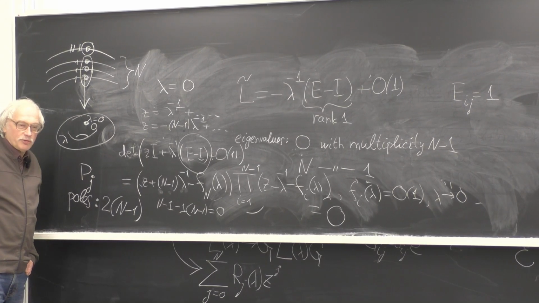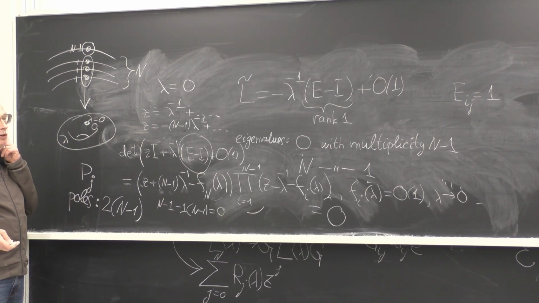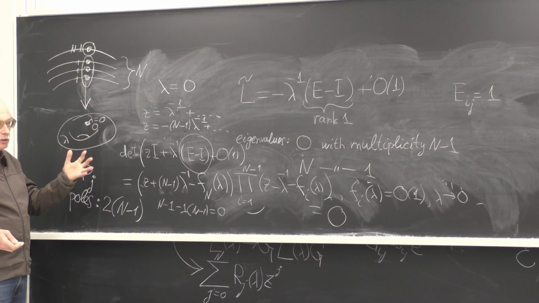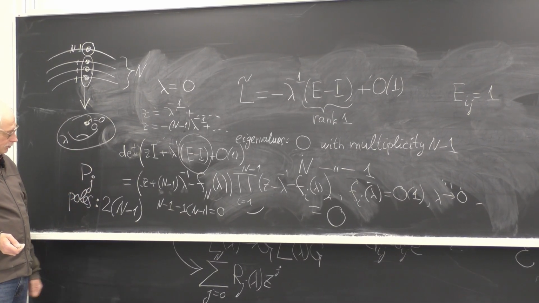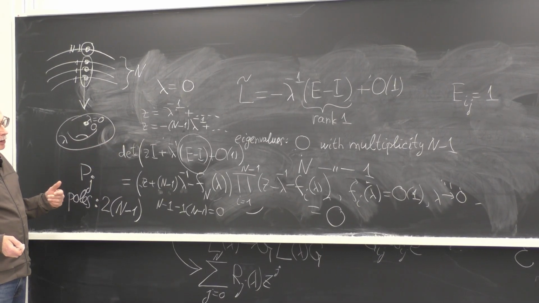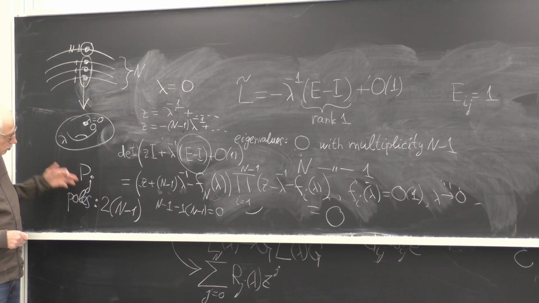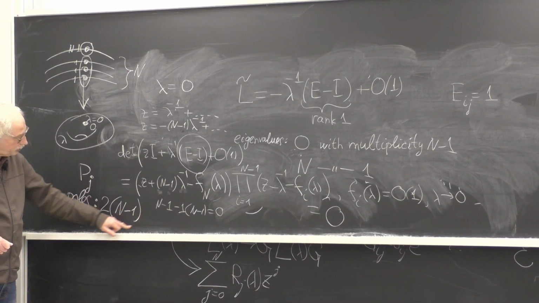But this function is meromorphic, and any meromorphic function has the same number of poles and zeros. So in our case, it's simpler to find poles of that function. But we know that the number of its zeros is the same.